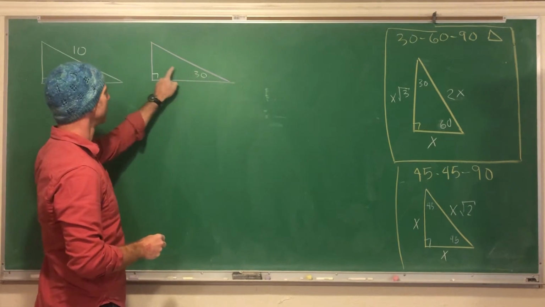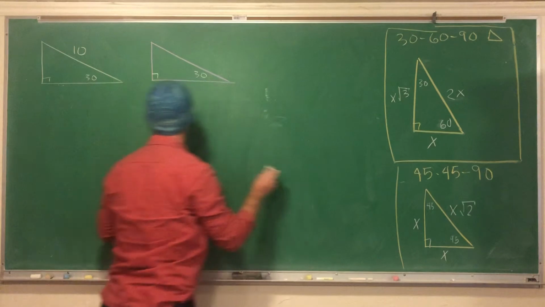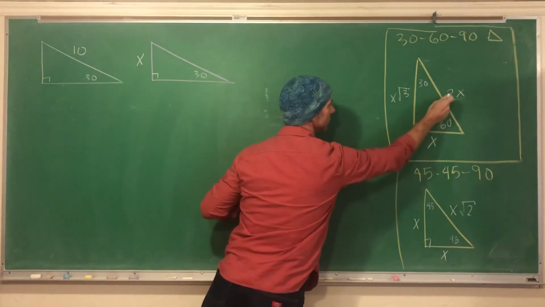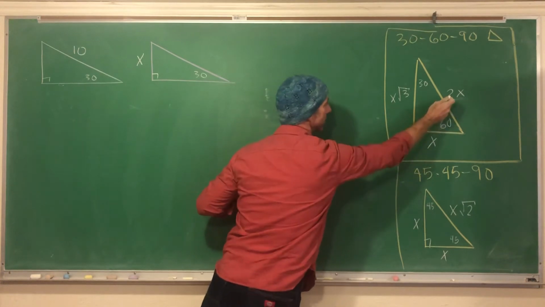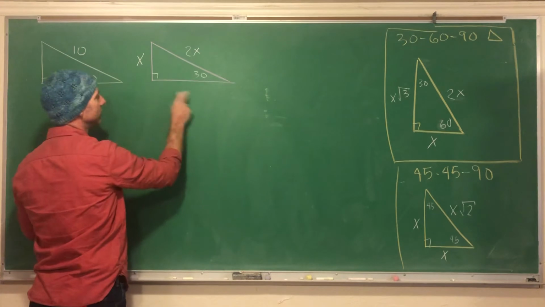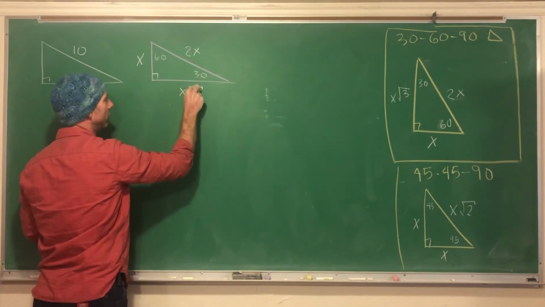Across from the 30 is my smallest length of x. Across from the hypotenuse is the longest length of 2x. And then this middle length across from the 60 is x times the square root of 3.